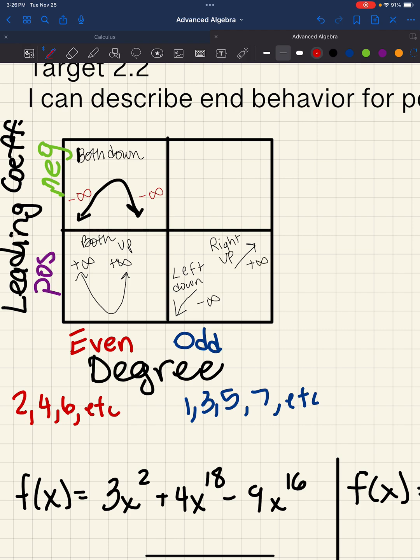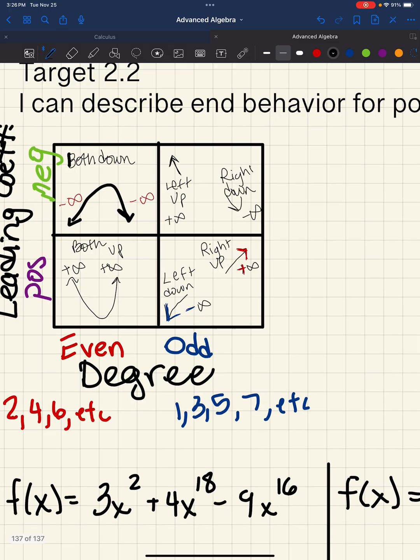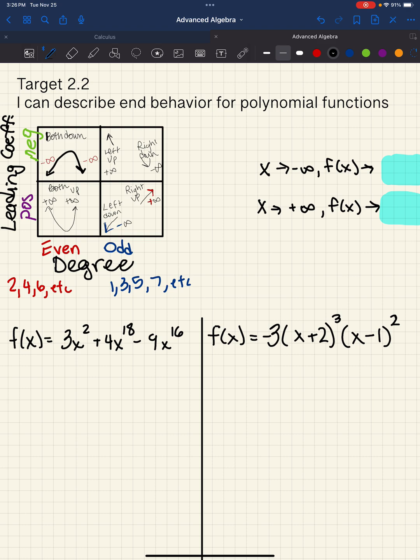So I think it could be helpful to be like up, positive, down, negative. And then in our negative, it would be the opposite. So my left is pointing up, which is going to be positive infinity, and right, down, or negative infinity. So those are the 4 possibilities for our end behavior.